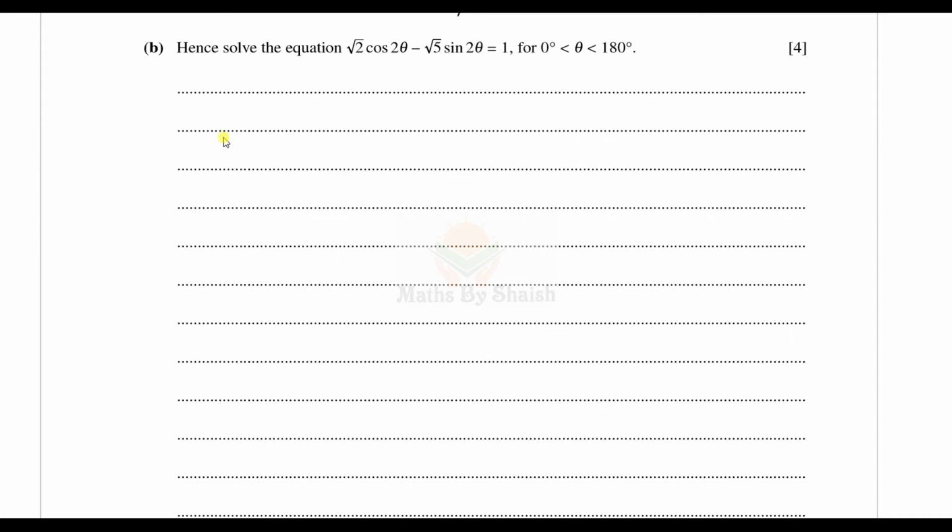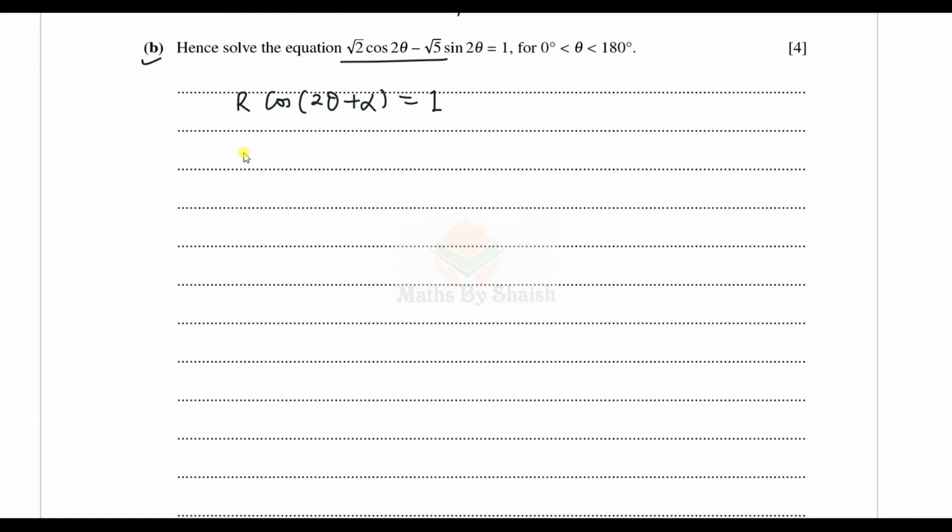In part B it is given: hence solve the equation, this equal to 1. From the first part we know that this was r cos(2 theta plus alpha), and this will be 1.